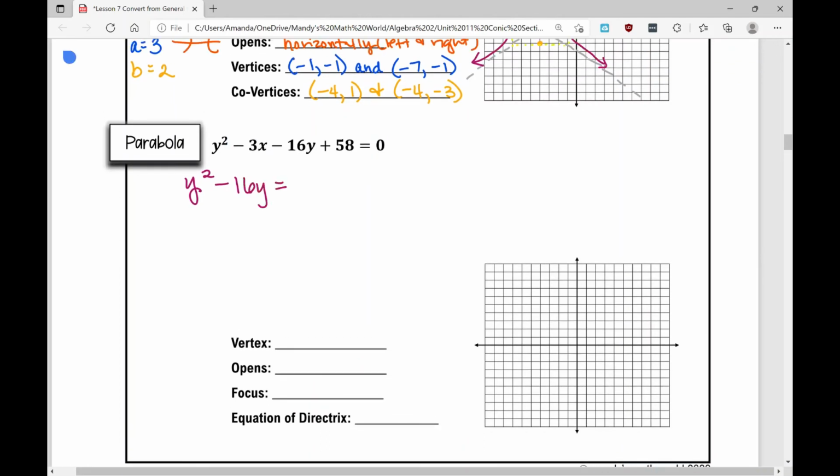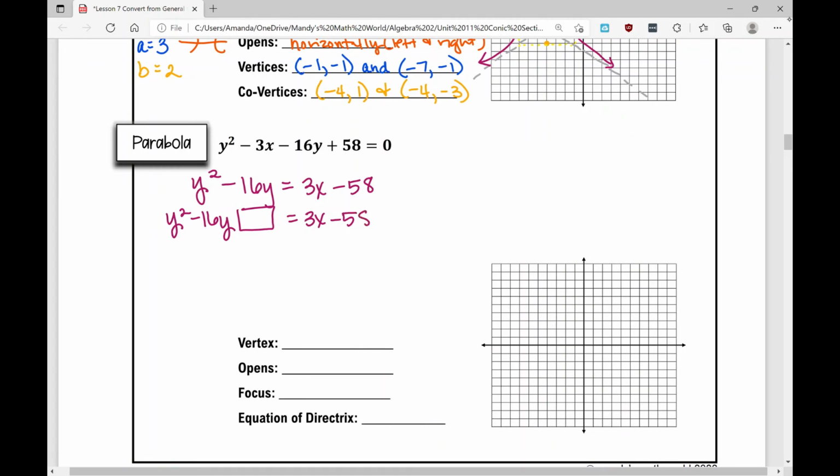Equals, and I'm going to move the x term and the constant term over in this case, equals 3x minus 58, okay? So I've just grouped the y terms on the left because that's what I'm going to complete the square with.